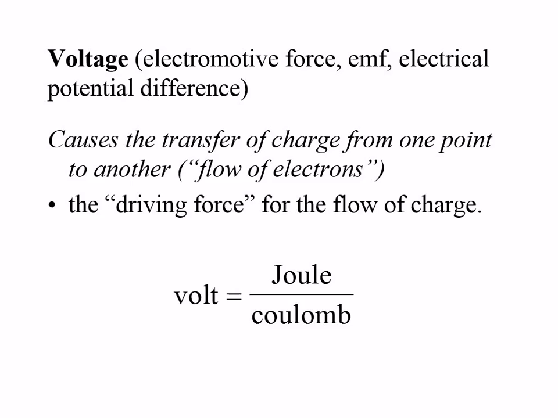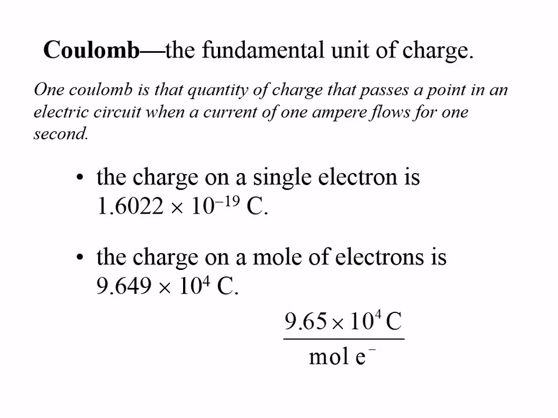So a volt is a measure of energy per charge, joules per coulomb. You don't have to know too much about this. We'll just be dealing with volts. But just to tell you what a coulomb is with regard to charge, a single electron has a charge of 1.6022 times 10 to the minus 19th coulombs.